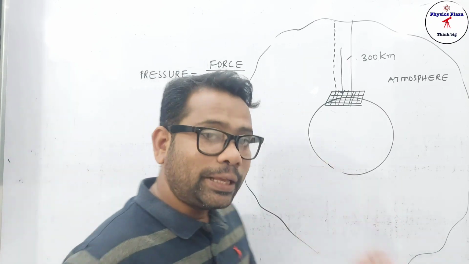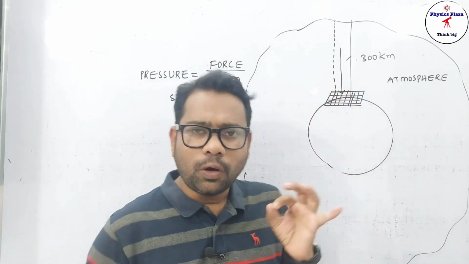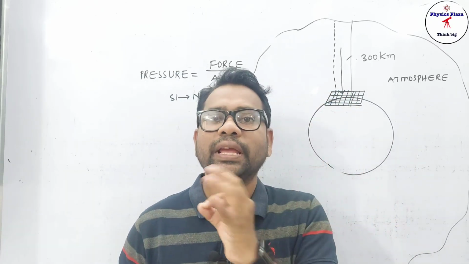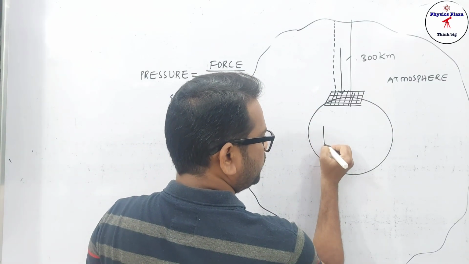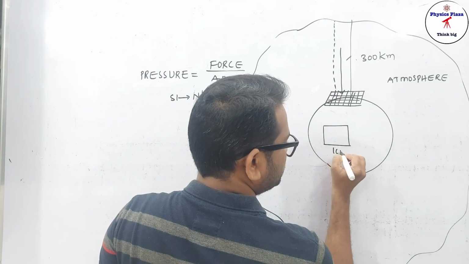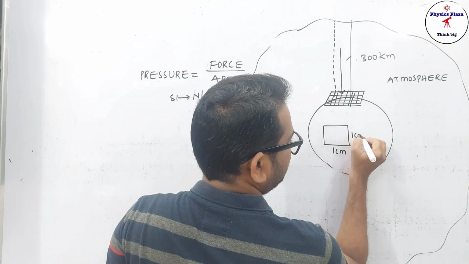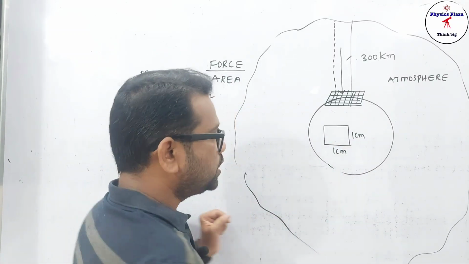And children, what is the thrust exerted by the air column on 1 centimeter square area? For example, if on the earth surface you take 1 centimeter by 1 centimeter, what is the thrust exerted by the atmosphere on this?